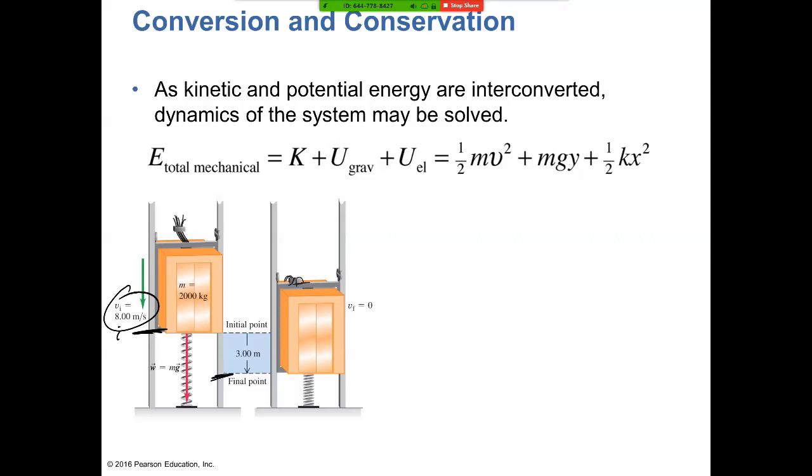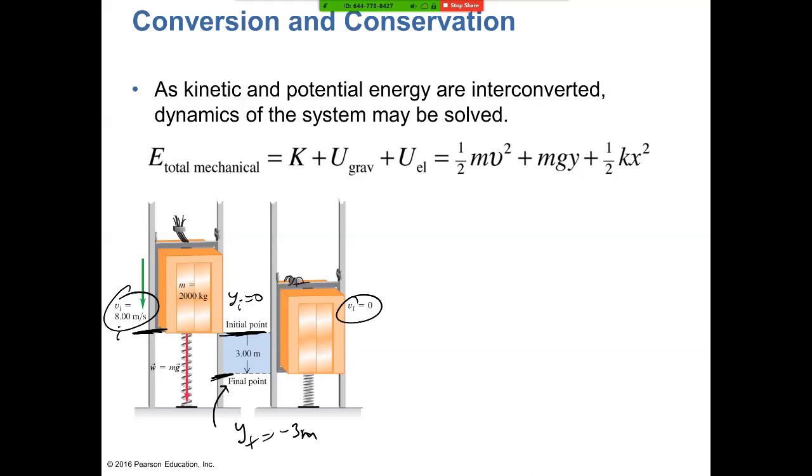And by the time it compresses the spring by 3 meters, it has converted all of its kinetic energy to the gravitational and spring potential energies. So this is my initial position, and I'm going to say my initial position equals 0. What will be my final position, this guy over here? Well, it's 3 meters below that, so I'm going to say it's 3 meters. And the end result is that the final velocity of the elevator is 0.